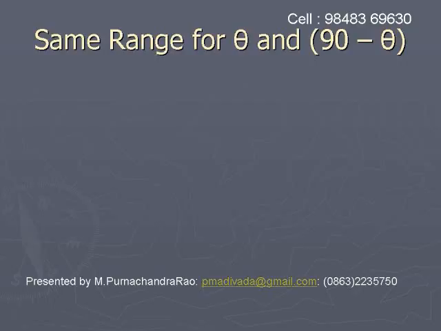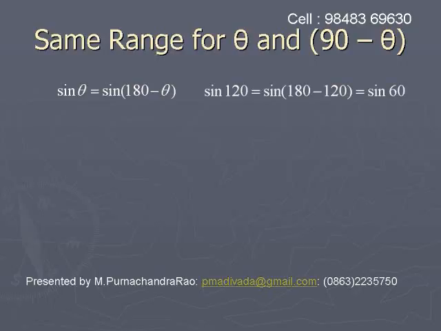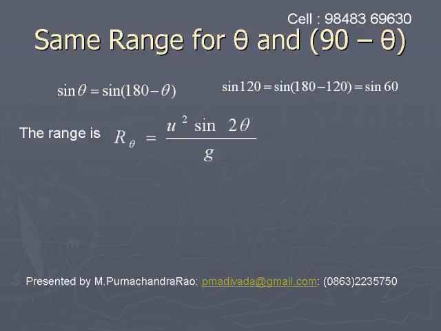Let us prove this. In mathematics, we have a relation sin theta is equal to sin 180 minus theta. For example, sin 120 is the same as sin 180 minus 120, that is sin 60. So the value of sin 120 and sin 60 is the same.